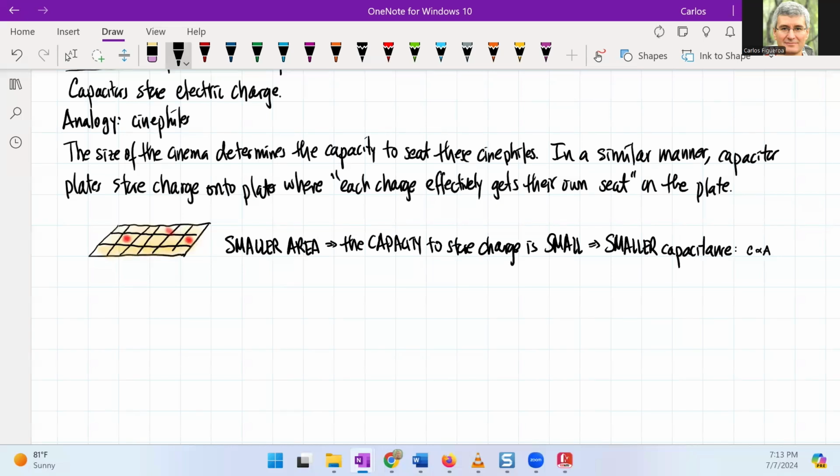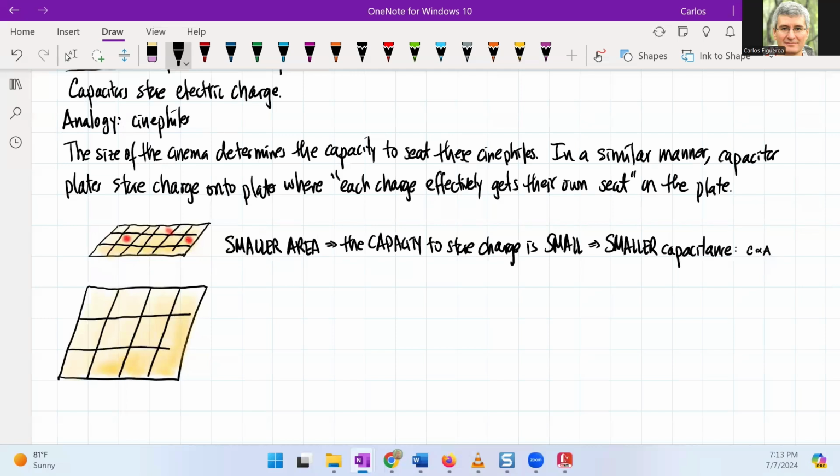Now we can have a larger capacitor. What if I have a capacitor or something like this? That's definitely a larger one. So if I look at this, you could see I could come in and I could do my grid marks again. And you could imagine that each little square is going to have these number of available seats for these electrons or these positive charges.